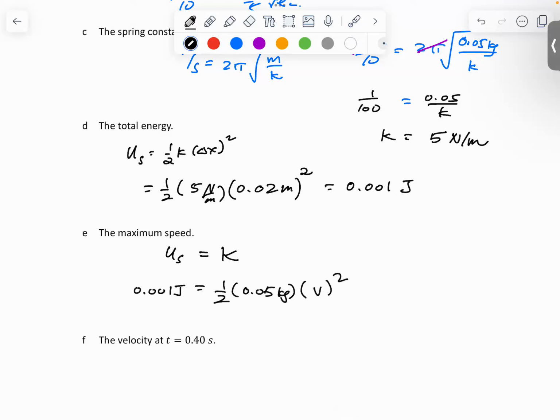So simple math right there. 0.001 times 2 divided by 0.05, and then square root that or raise it to the 1/2 power. So the velocity is going to be simply 0.2 meters per second. Okay, 0.2 meters per second.